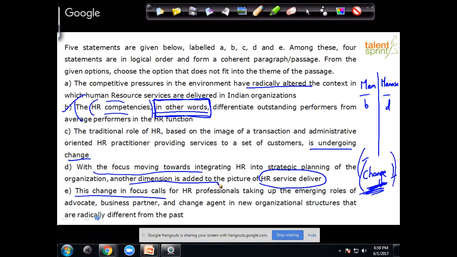So all of it is only referring to something that they are going to do differently. Some transition is happening. Some change is happening in the HR service delivery. Right? Services are delivered. Providing services. And another keyword is also services, which is repetitive in all these other sentences.